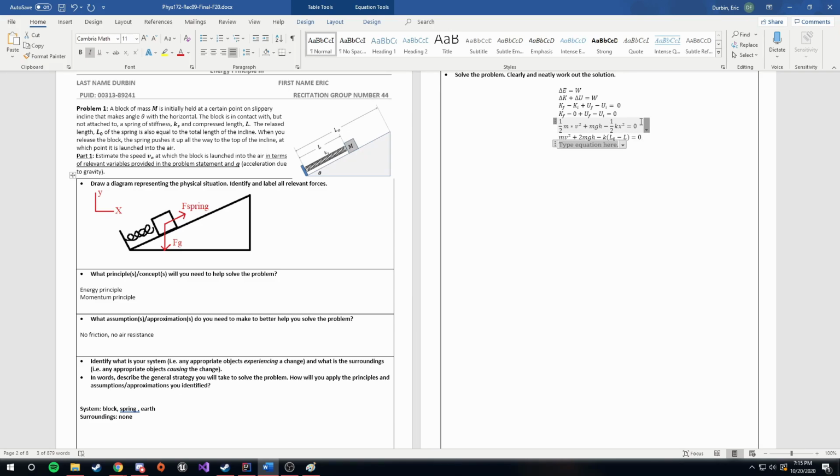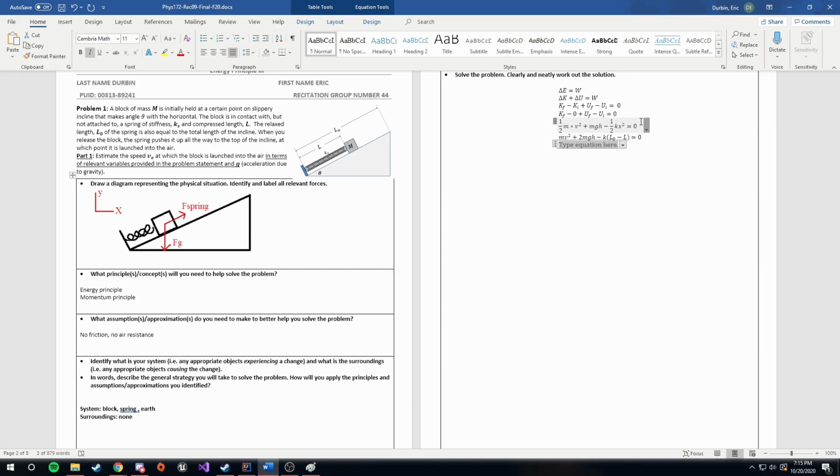Wait, do we need to find the height using theta? Well, we need actually the length.